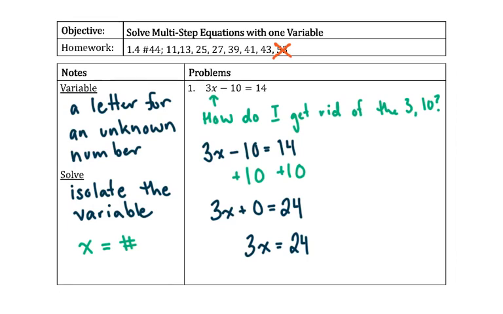Now when numbers are just shoved together like this, that's showing multiplication. This is a times problem. So the opposite of multiplication is division. I will always write division like this as a fraction, but if you want to write it with the symbol like this, that's fine.